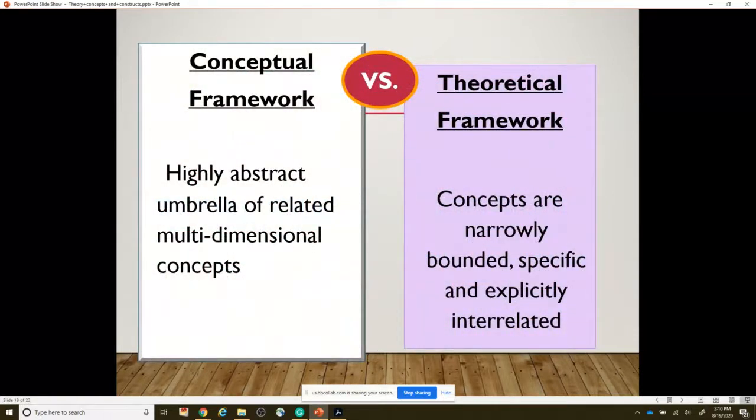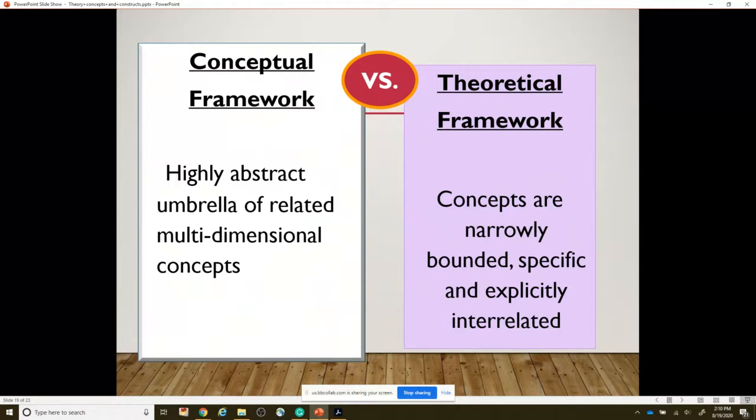So what about conceptual frameworks? Sometimes you'll see conceptual frameworks and theoretical frameworks used interchangeably. However, I want to point out that the conceptual framework is actually more abstract and more multidimensional. It seems almost counterintuitive, but I wanted to give you a little bit of understanding about this.